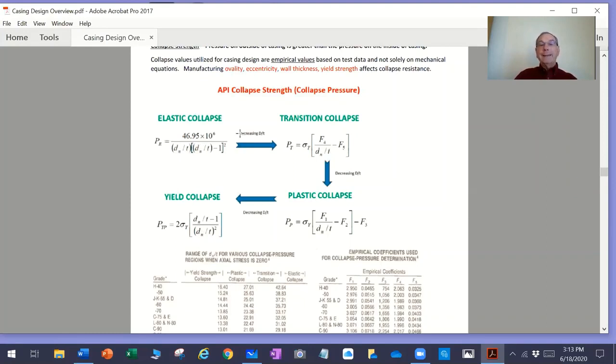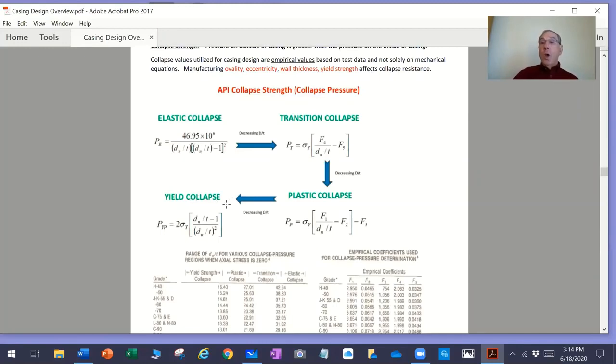Elastic collapse equation would probably apply for something like 20-inch casing, depending on the wall thickness, of course. And then transition and plastic would probably be applicable for something like 13 3/8 and 9 5/8 casing. And then the yield collapse equation would probably be applied if you had something like some 5-inch thick-walled casing.